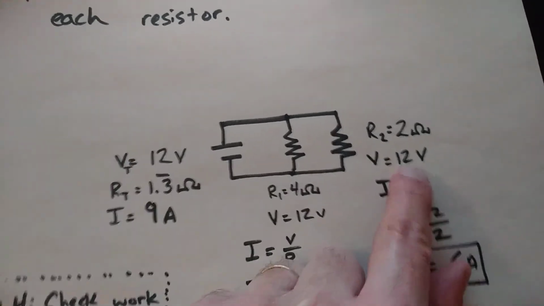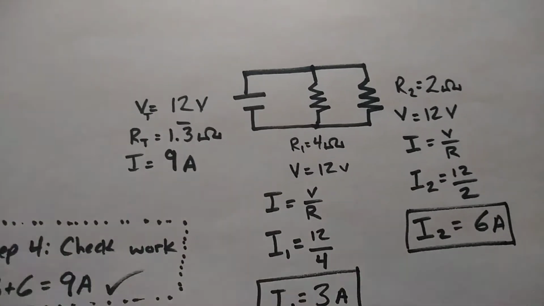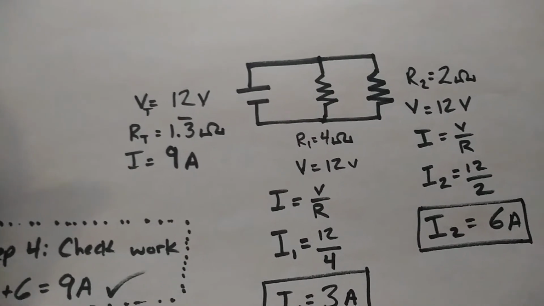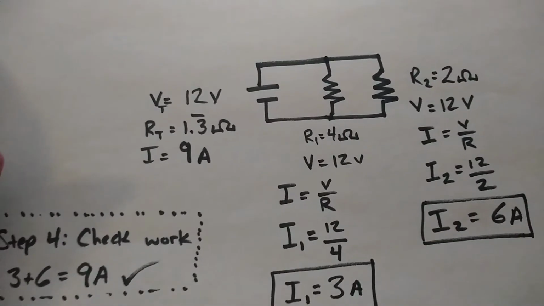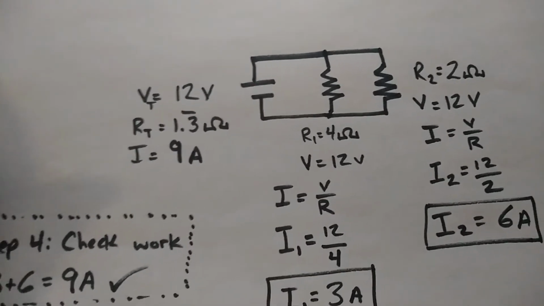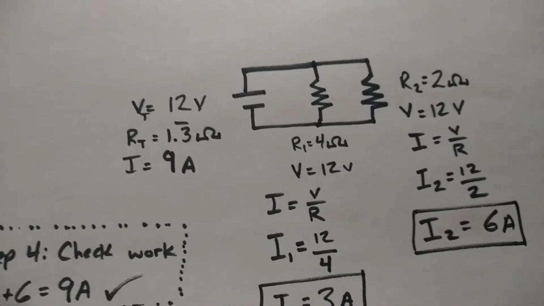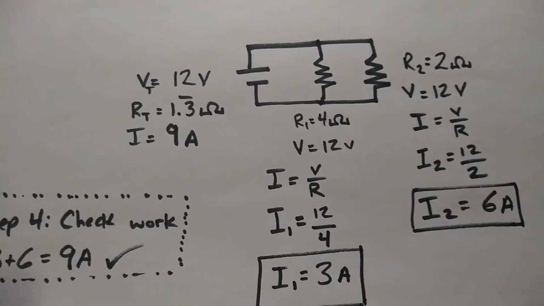Notice that over here the voltage is the same. This is what's different about parallel circuits, and something you have to memorize is that on the series circuit that we worked with earlier in the week, the amperage is the same at each resistor. On the parallel circuit, like you see here in this configuration, the voltage is the same at each resistor. I'll give you another way to practice this very shortly.